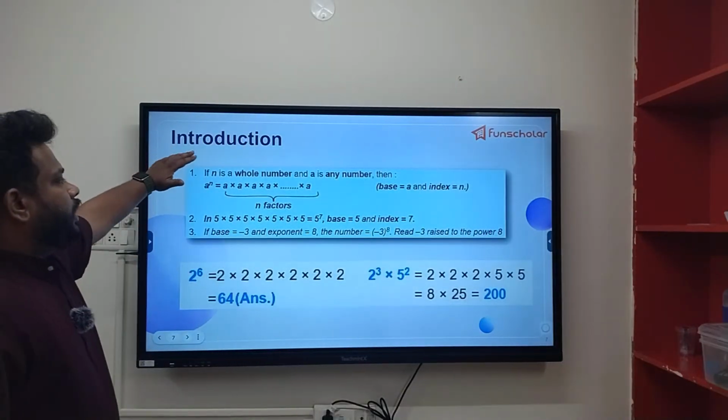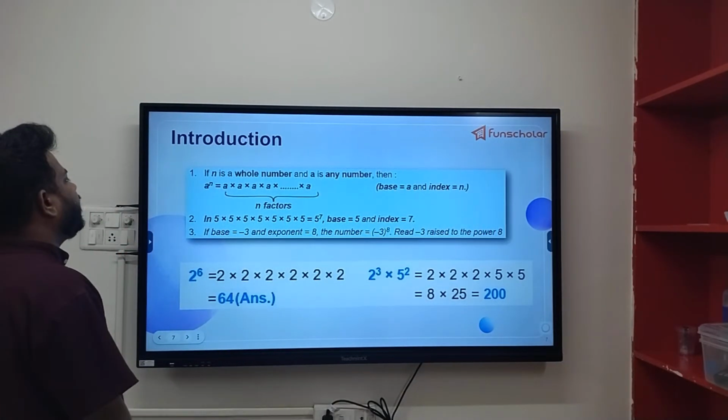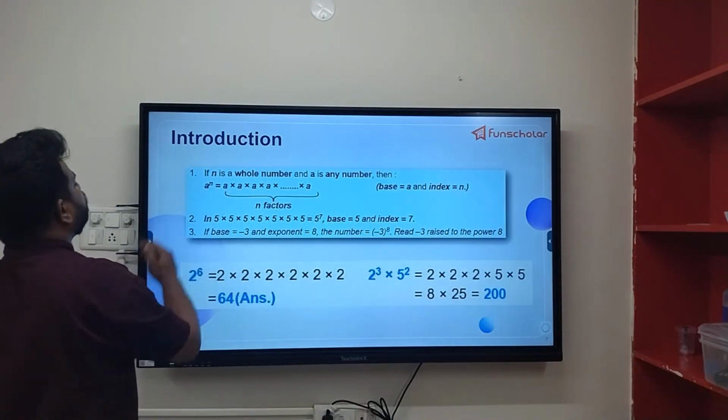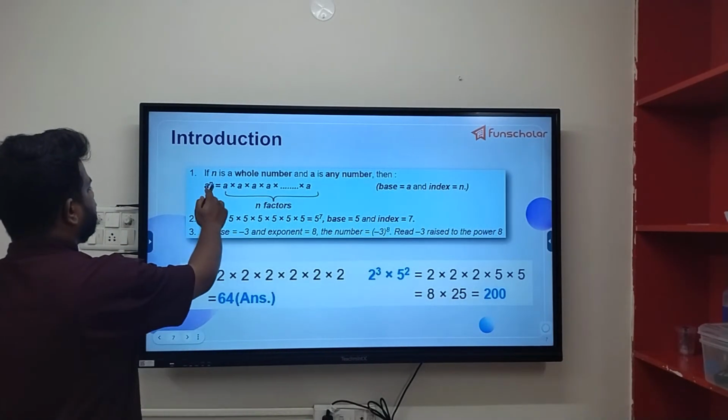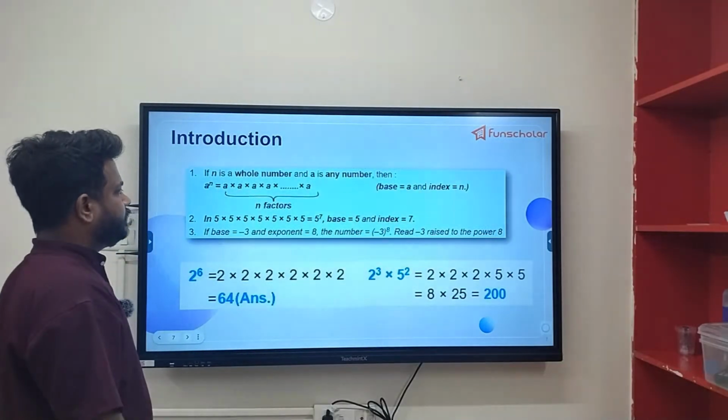Then we will go further. Let us use this introduction: if n is a whole number and a is any number, then a to the power n means multiplication of a, n times.